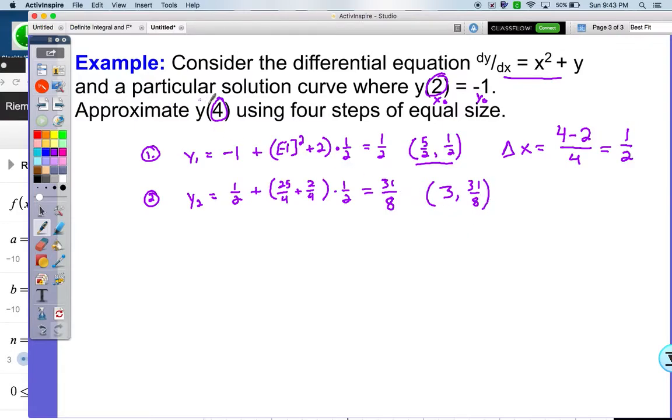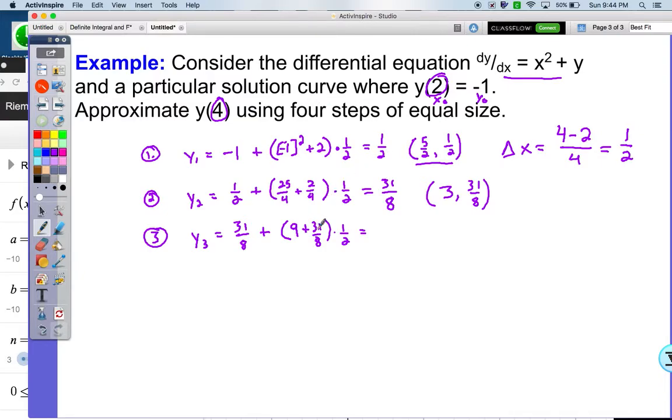All right, and remember, we're trying to figure out what is the y value when x is 4. So we have 2 more steps to do. Y sub 3: our new y value of 31 over 8, plus our dy/dx at 31 over 8. So that gives me 9 plus 31 over 8 times 1/2. All right, 9 would be what? 9 times 8 is 72 over 8.